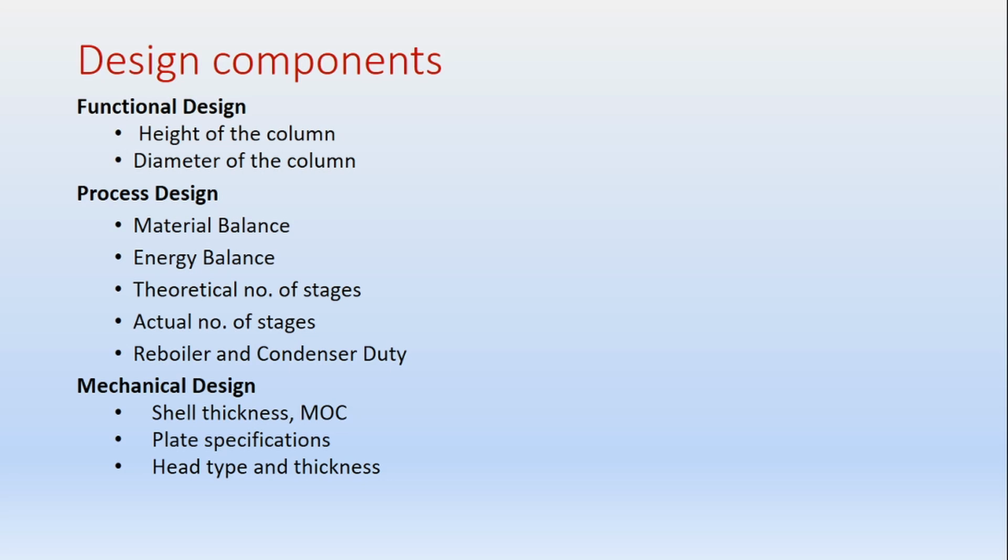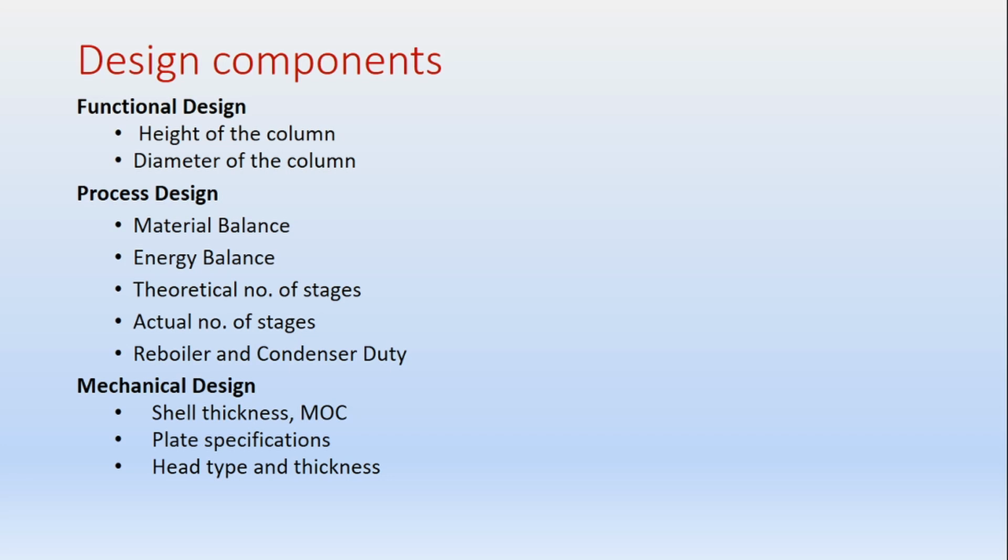We will see how we can find out the ideal stages or theoretical stages, and how we find out the actual number of stages or actual number of trays in a column, and we will see how to determine the reboiler and condenser duty. Under mechanical design, we will see the determination of shell thickness, selection of material of construction, the plate specifications, so what type of heads are used in the column and the thickness of those heads.